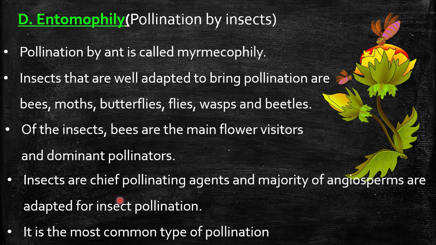Insects are the chief pollinating agents, and a majority of angiosperms are adapted for insect pollination. Entomophily is the most common type of pollination.